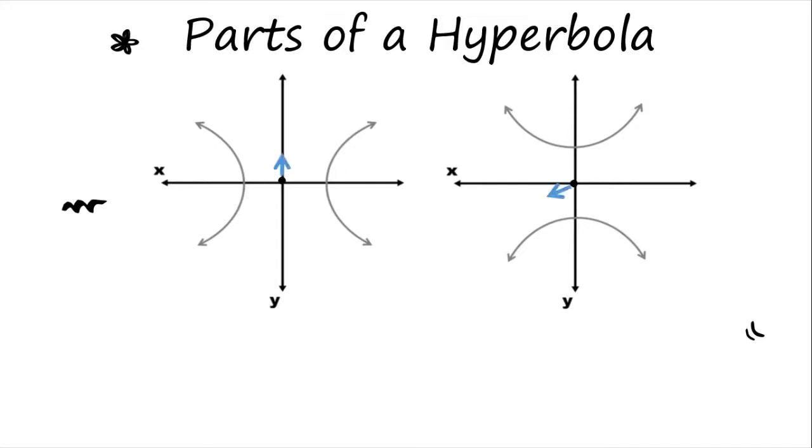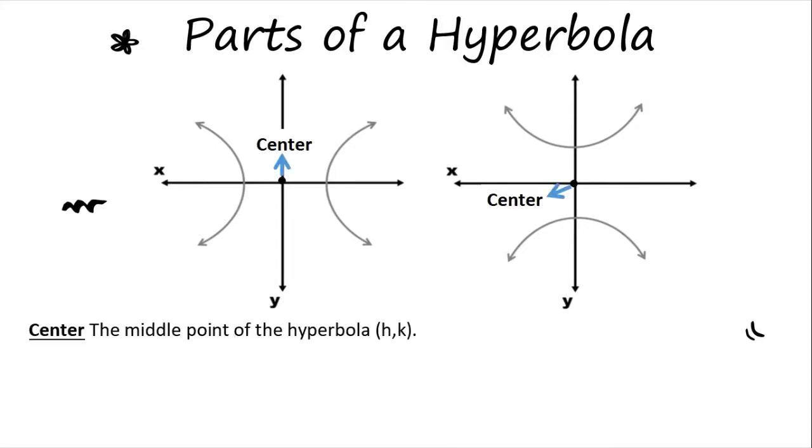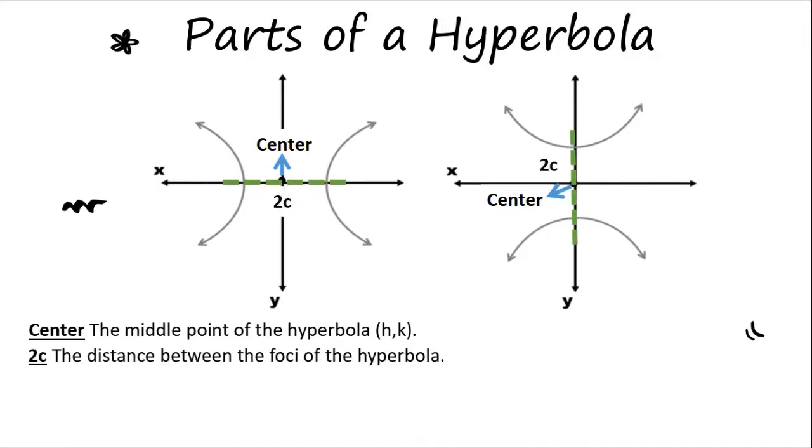First part is, of course, the center. The center is the middle point of our hyperbola, which is denoted as (h, k). Now let's proceed to our 2c. When we say 2c, that's the distance between the foci of our hyperbola, meaning the distance between focus 1 and focus 2.